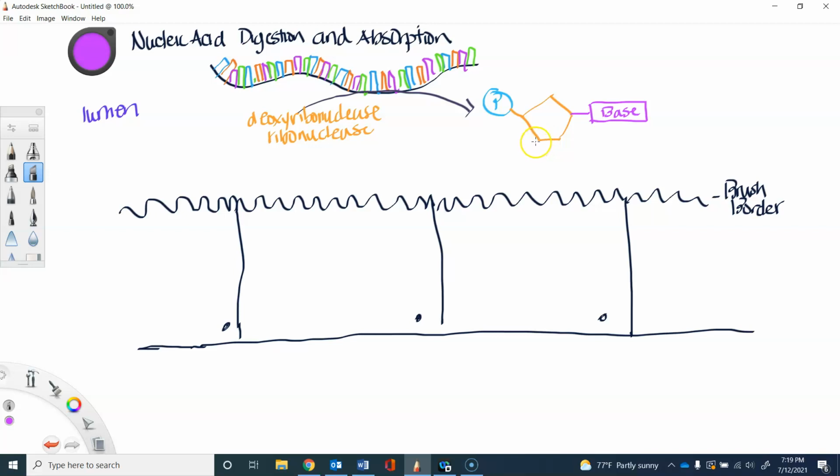So once we have these free nucleotides, now we break the nucleotides up into their individual components, and that's what occurs at the brush border. So at the brush border, make this again here.